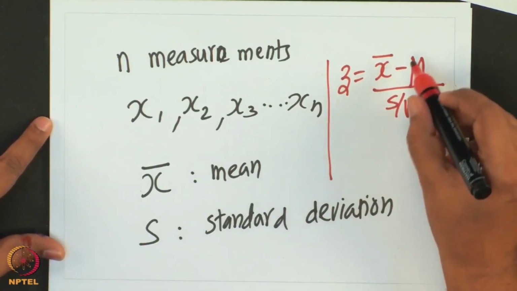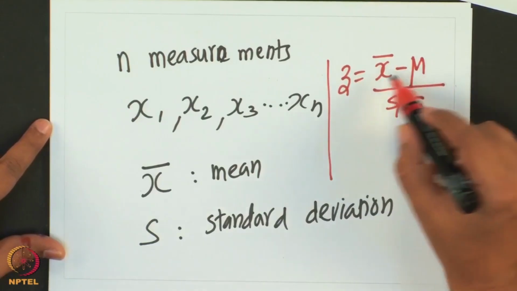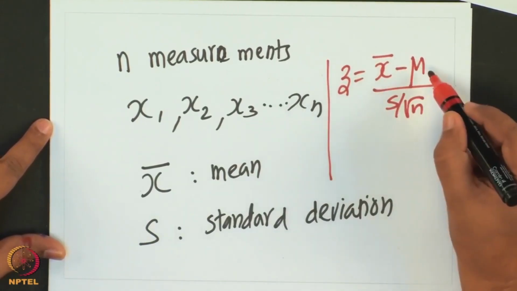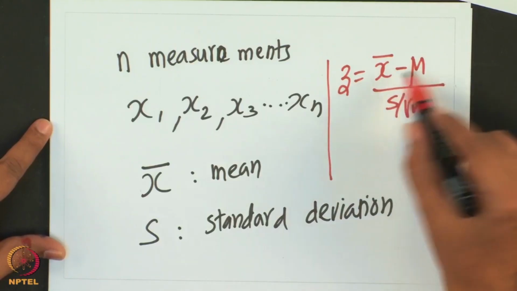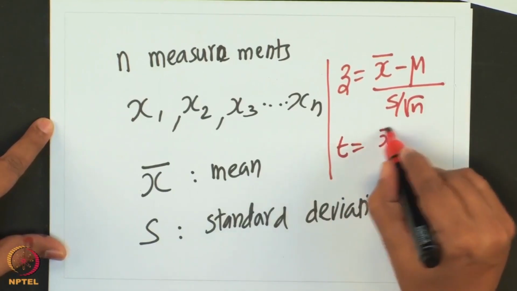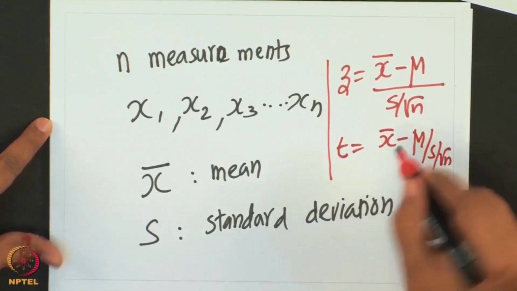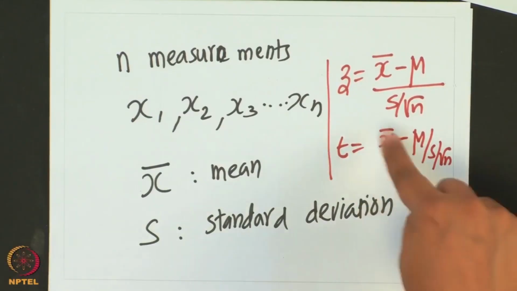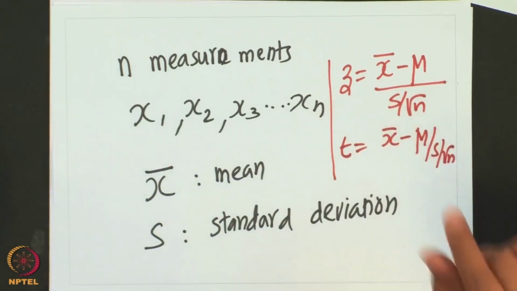So let us say mu is like the 37 degree, the control number that we want. We want to know whether our number is comparable to the standard number or not. So we would calculate the z, same definition for t.